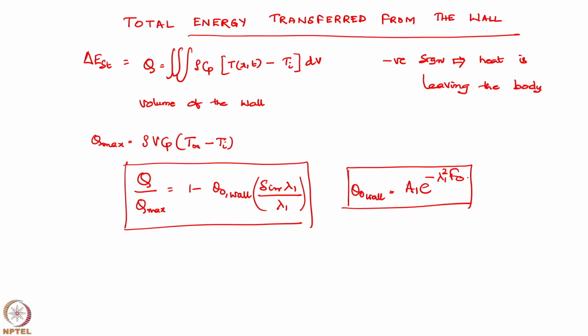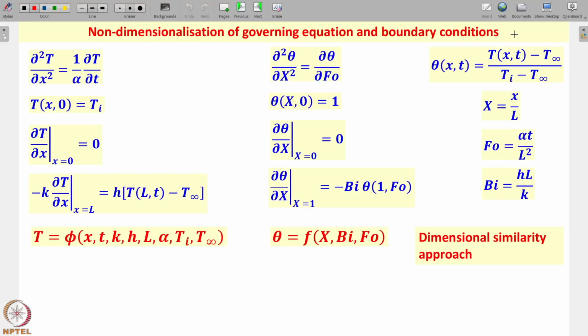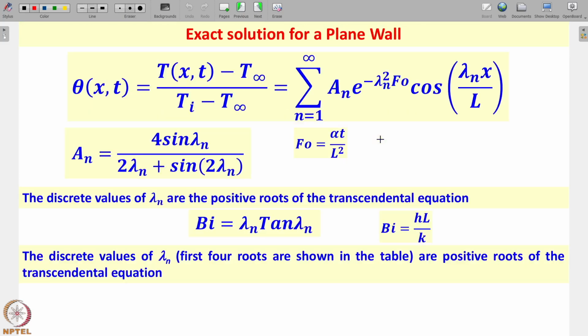So what is it that we got? Let me just recall. We started with the plane wall, non-dimensionalized the equation, and got temperature as a function of Biot number, Fourier number and x. Without solving the partial differential equation, we gave you the solution where the temperature is a function of Fourier number and the location, that is, time and location.